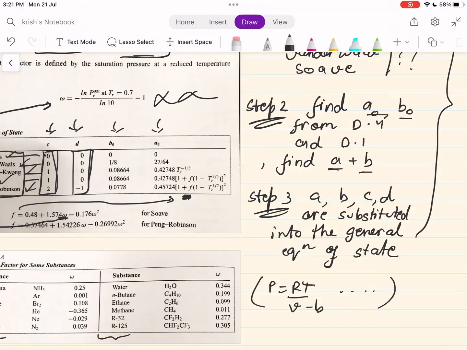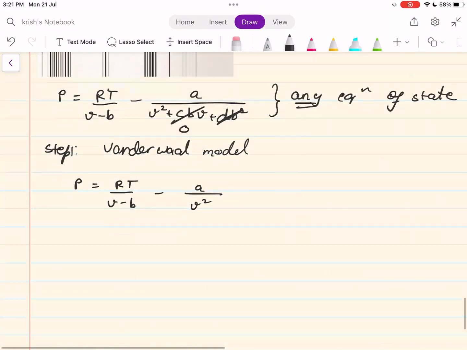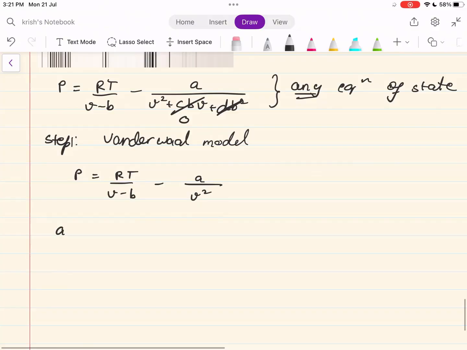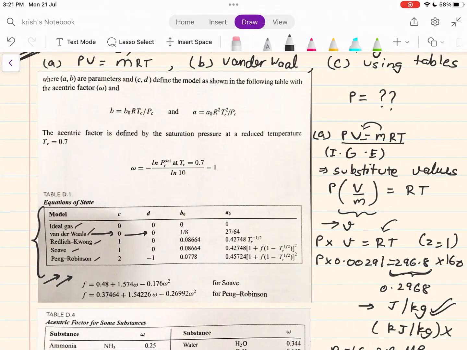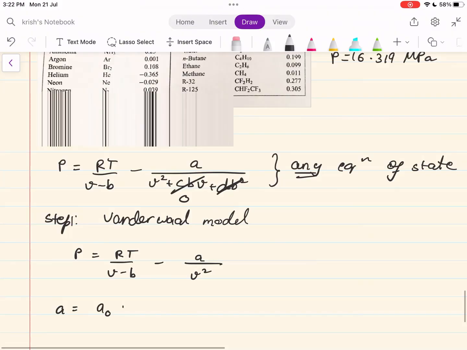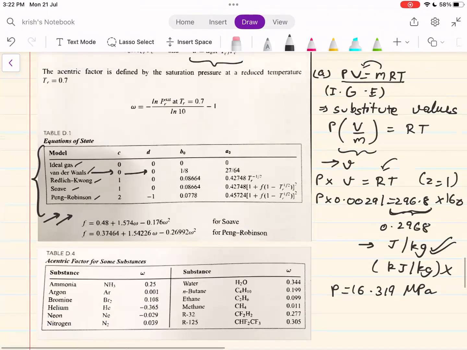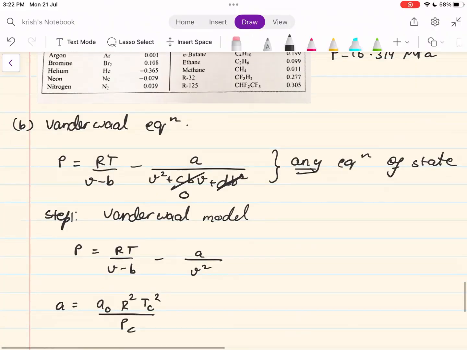Our step 2 was find A naught and B naught, and thus find A and B. So if we see above, the value of A is given by A naught R square Tc square by Pc. Let's write it. A naught R square Tc square by Pc.